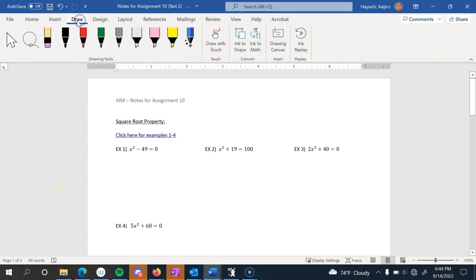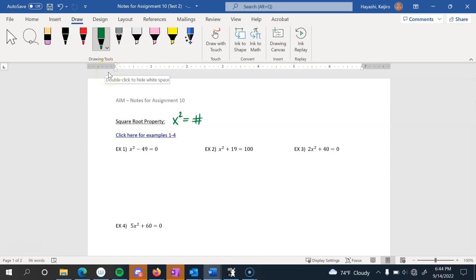So the square root property states that if you can get an equation to look like x squared equals a number, then what you can do is take the square root of both sides.